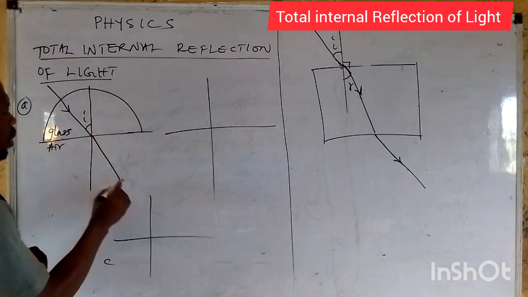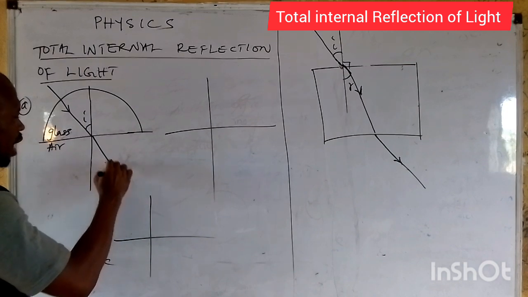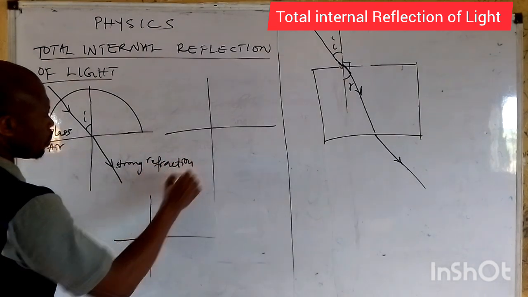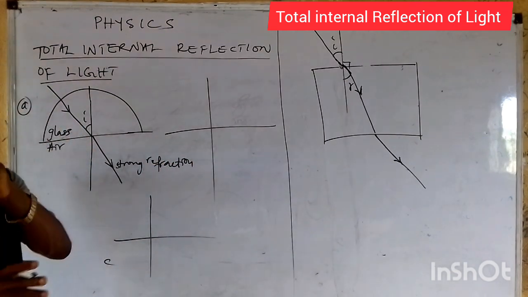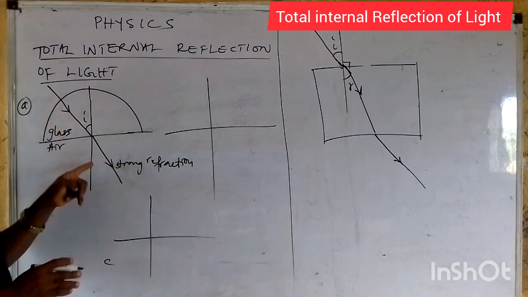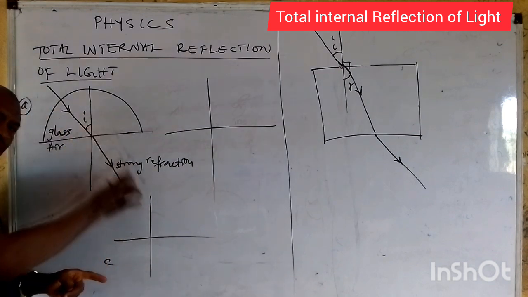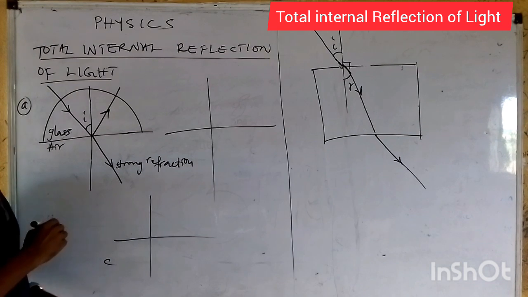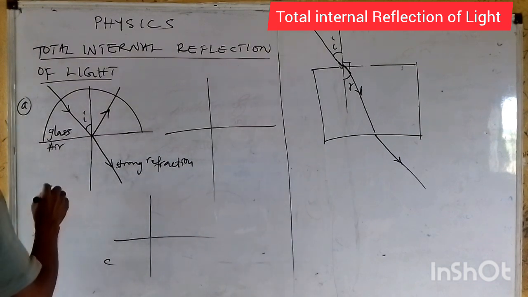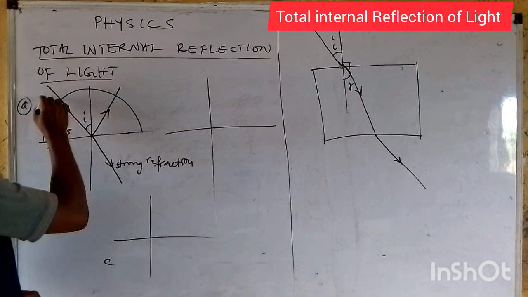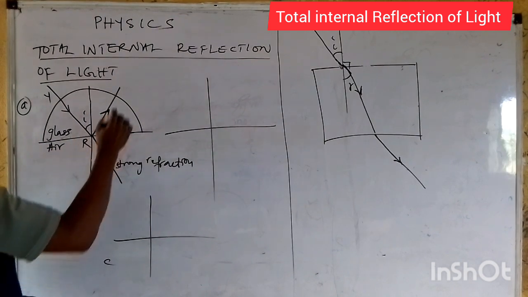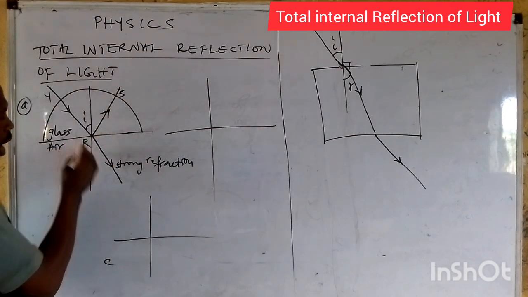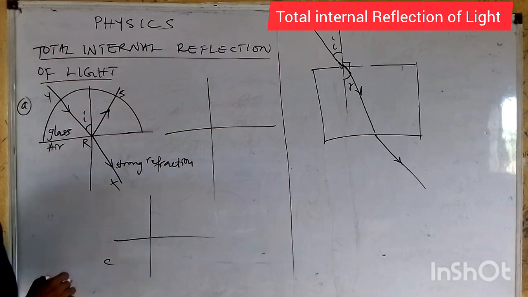Now, if it refracts away from the normal, here we can have strong refraction. Remember we said two things will happen. Part of this incident light will pass through. This is the one that is passing through. The other part will be thrown back, it will be reflected. Now, assuming we have here as, let's say, Y, R, and then here is S. Let's say here we can have X.